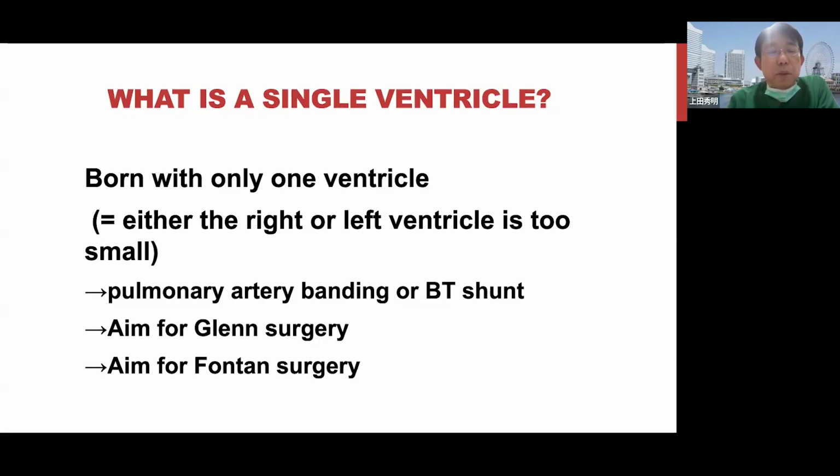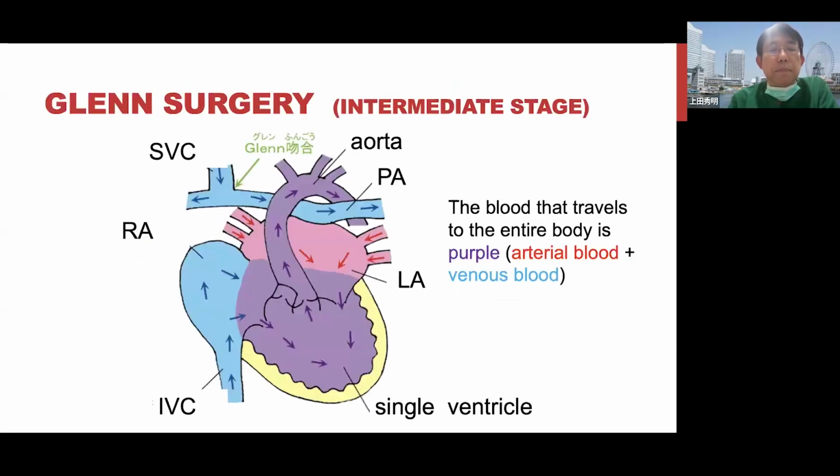The next thing we should go for is the Glenn surgery, and the final surgery should be the Fontan surgery. But it should be step by step. We cannot do it all at one time.